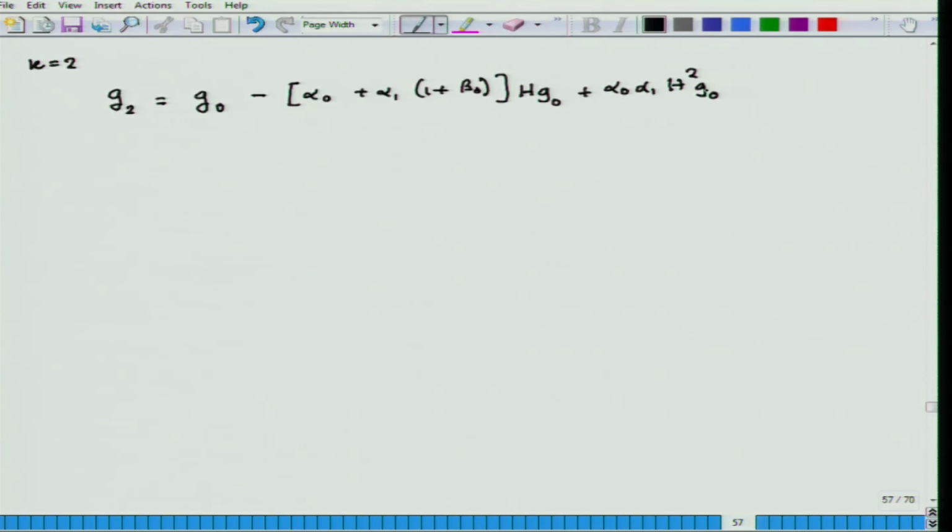How to compute this G2 is again by putting k equal to 2 in the expression g(k+1) is equal to gk plus alpha k H dk, and then successively, G2 is G1 plus alpha k H dk, H d1. So, you put what is d1 and g1 in their place, you will get this expression.